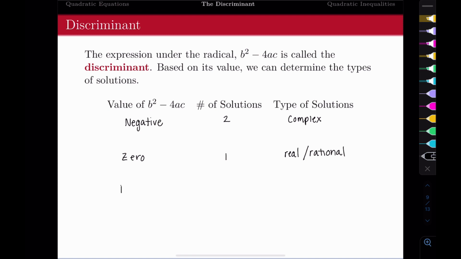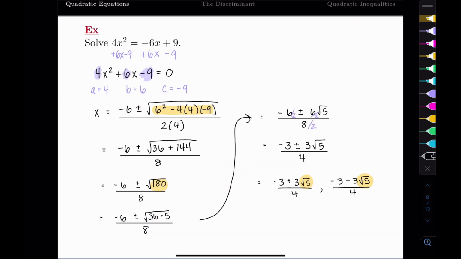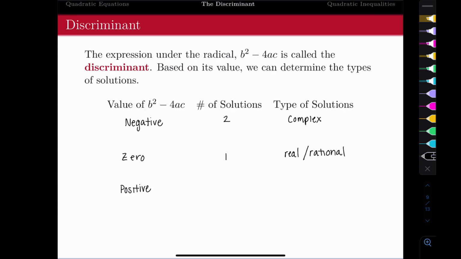And the final case is if b squared minus 4ac is positive, so I have the same exact last example, b squared minus 4ac was 180. You're going to have two solutions, and they're definitely going to be real numbers. Okay? But we do have some subcases under here.